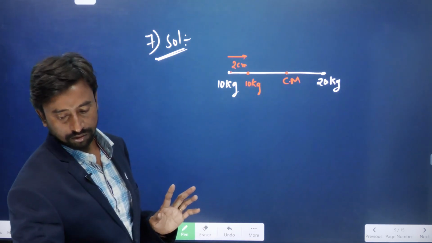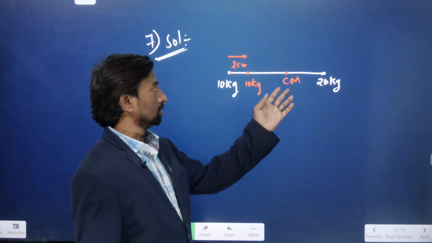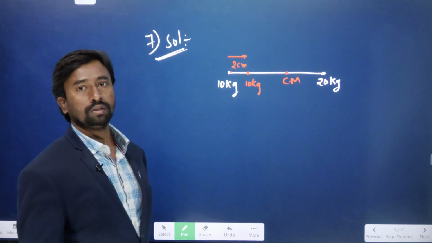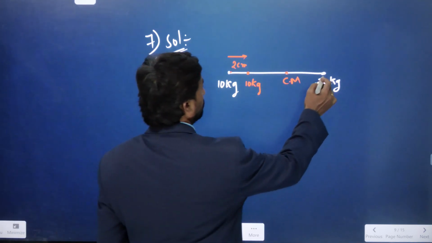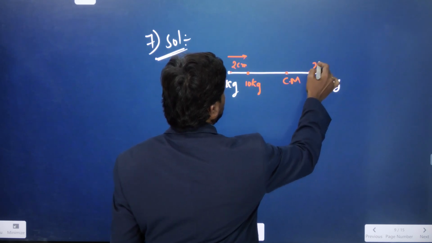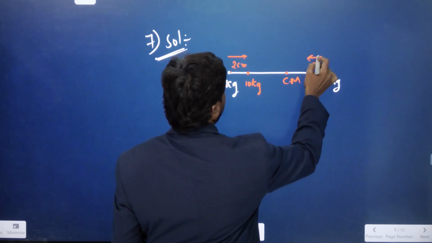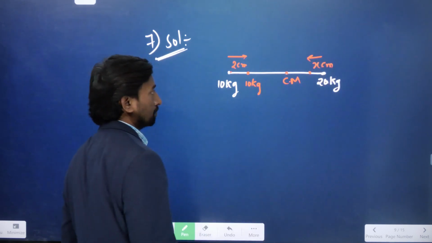Here they have given the condition that the position of the center of mass should not be changed. Then how much does the other 20 kg mass have to be moved? Let us consider it has to be moved x centimeters towards the left side. That we should find out now.